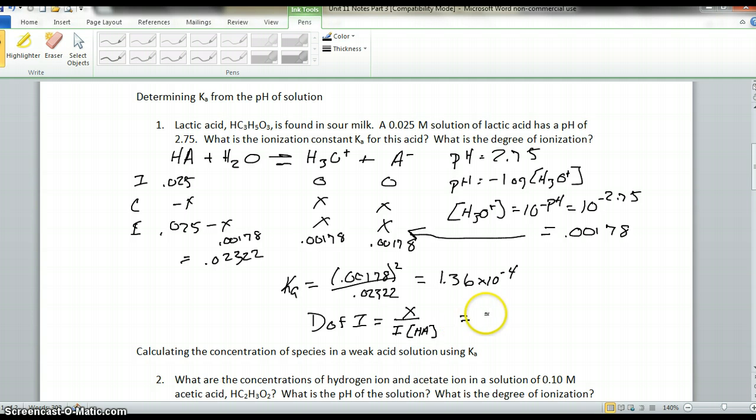In this case, we changed by 0.00178 because that is what x was, divided by our initial concentration of 0.025 of our acid. And that gives us 0.071. Now if we multiply that by 100, it tells us that 7.1% of our original acid broke apart. And that's really all that it's used for.